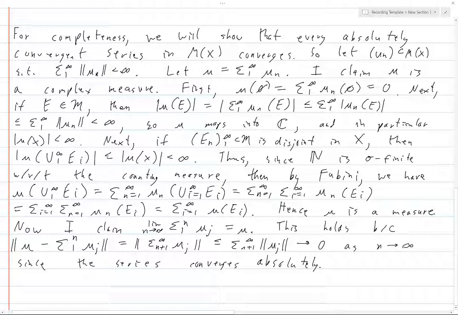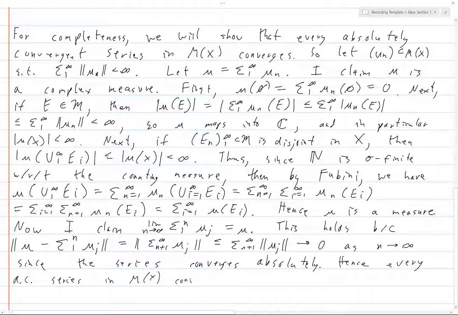So anyways, hence every absolutely convergent series in M(X) converges. I'm just going to write it that way to save space because I'm running out of it.